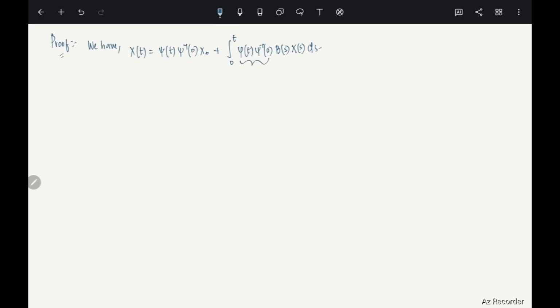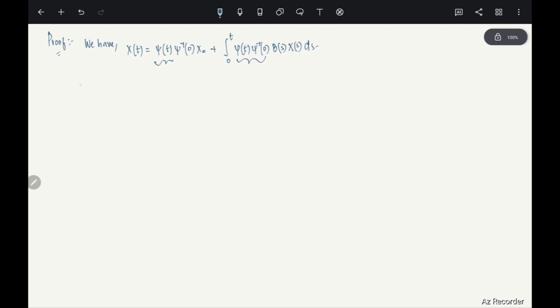All solutions of the homogeneous problem are bounded, so the norm of phi(t) is going to be bounded. That's given. And phi(t) phi inverse(0) is given to be bounded, right? Let's say this bound is given by C or whatever.